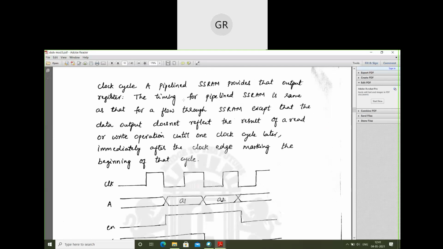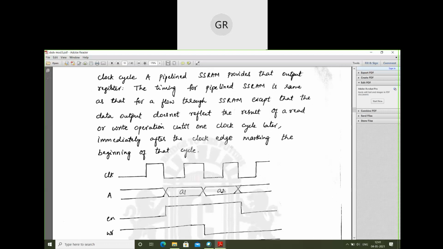The timing for pipelined SSRAM is the same as that for a flow through SSRAM, except that the data output does not reflect the result of a read or write operation until one clock cycle later, immediately after the clock edge marking the beginning of that cycle. Until one cycle completes, the next process will not proceed.